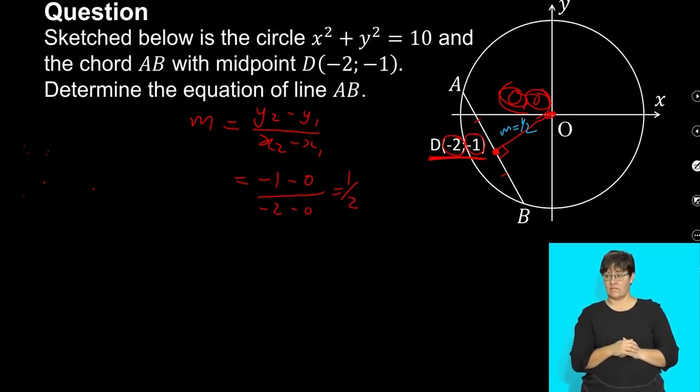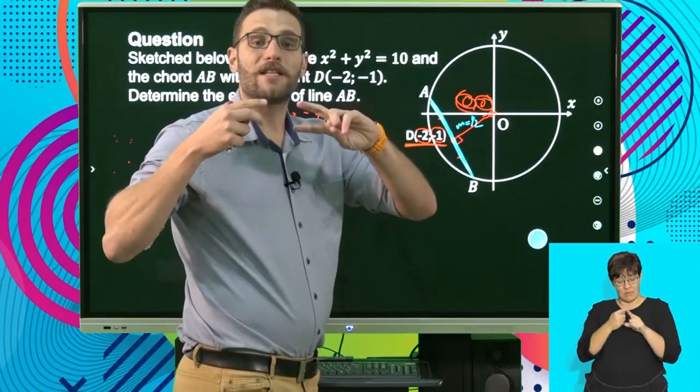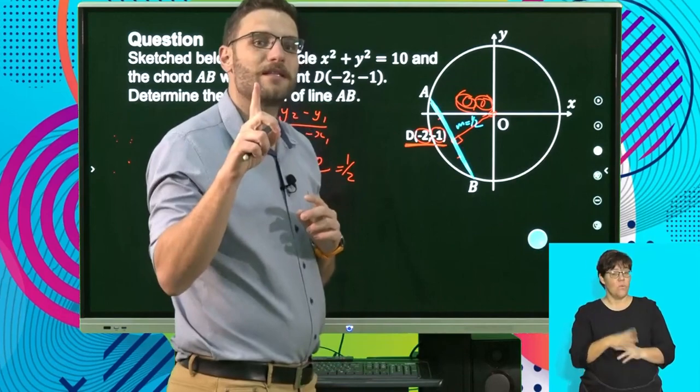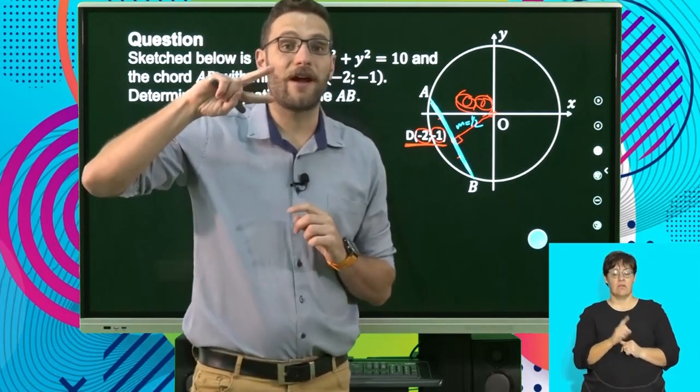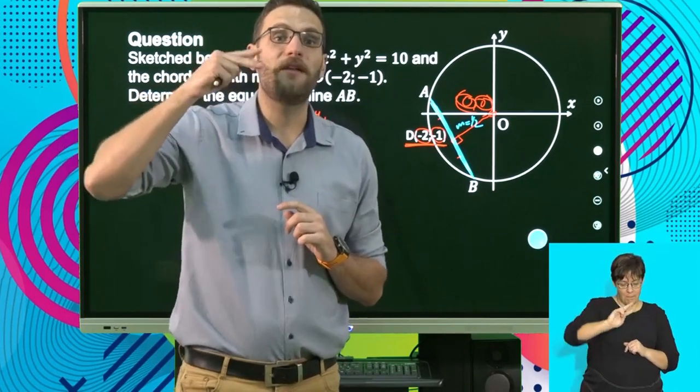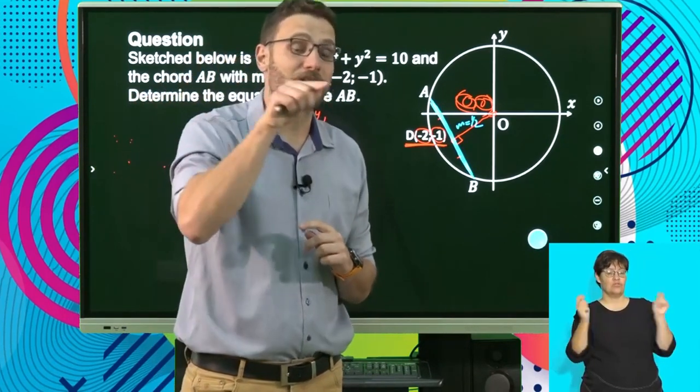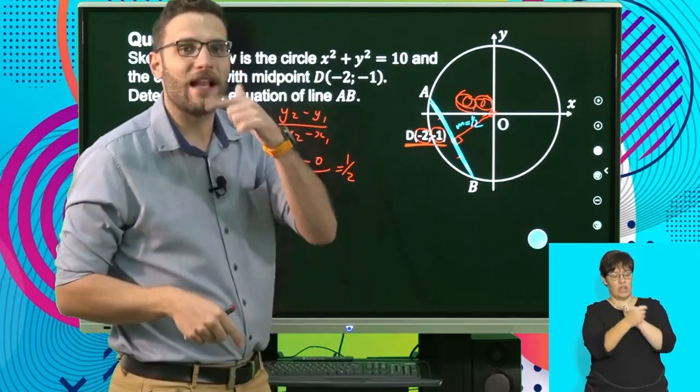Now, this gradient of line AB, we decided because they are perpendicular lines, the product of the gradients is always going to be minus 1. What we decided in the previous lesson is that I take the gradient of the one line, flip it over, and change the sign, and that's going to be the gradient of the line that's perpendicular.